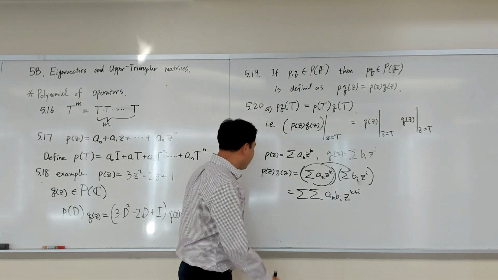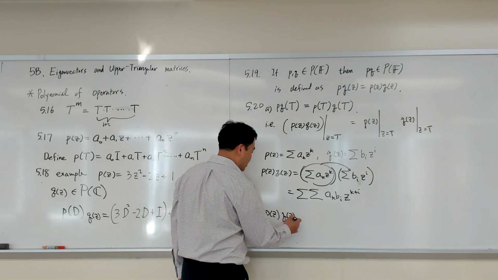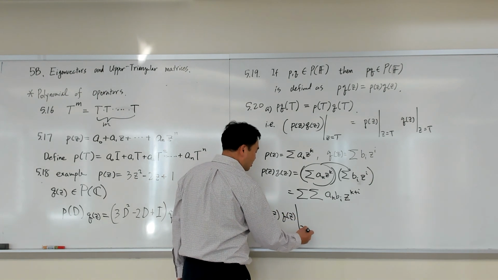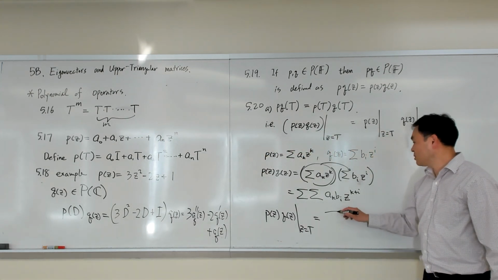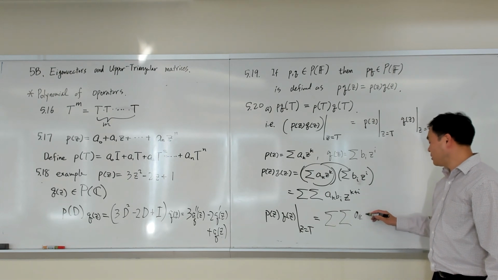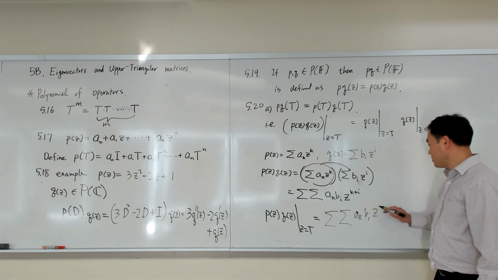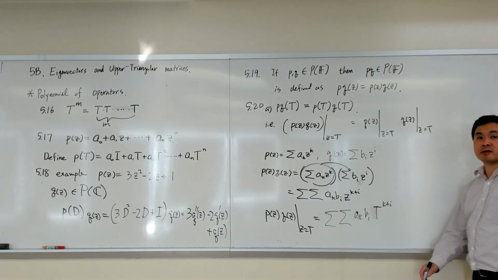And therefore, if I have P(z) Q(z) with z replaced by t, that's going to be the double summation of a_k b_i t^(k+i). All right.